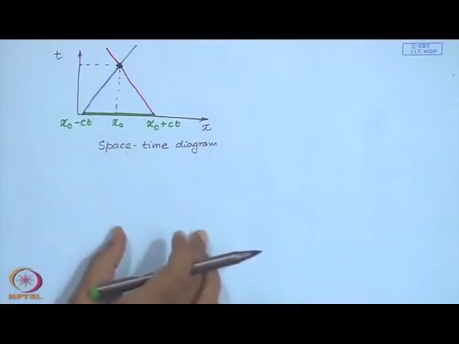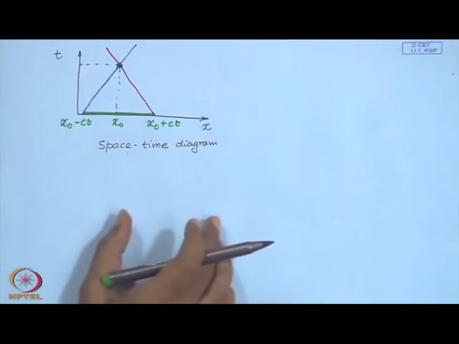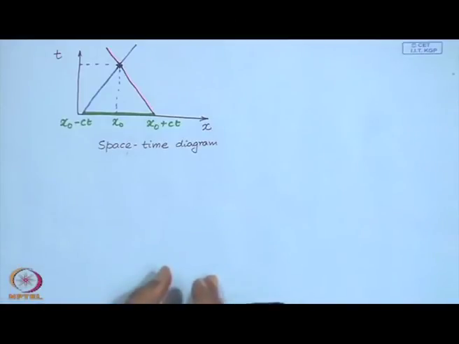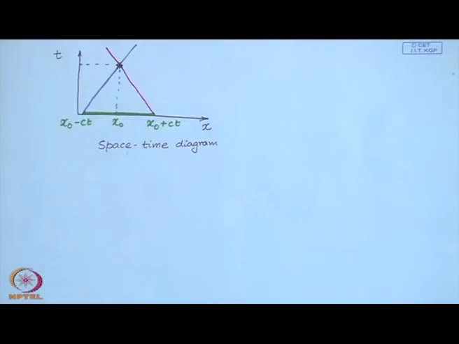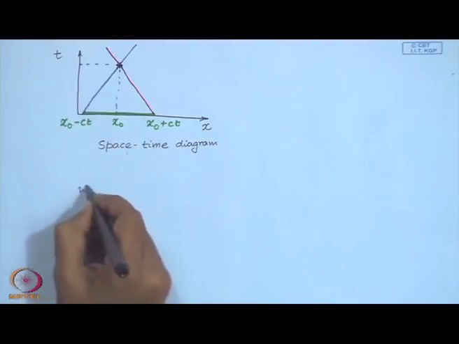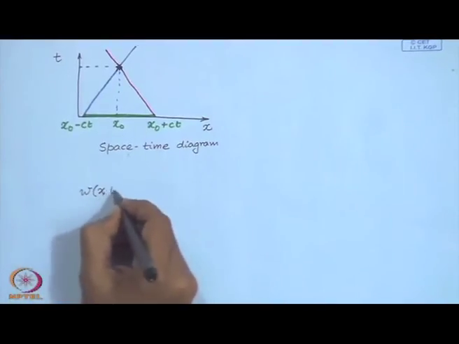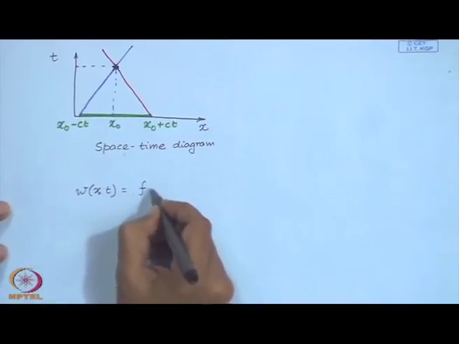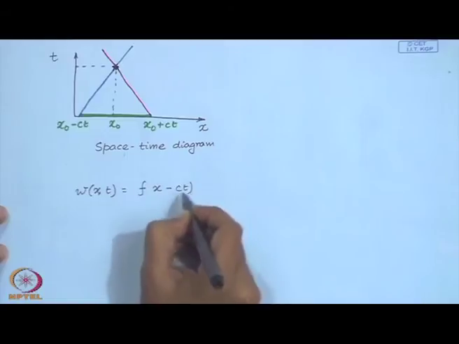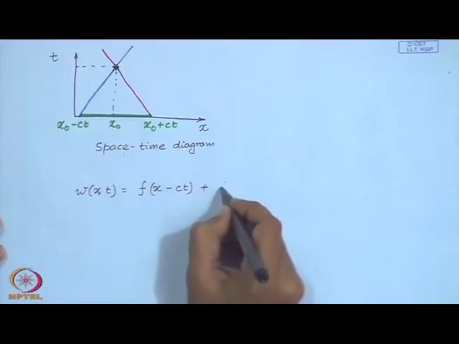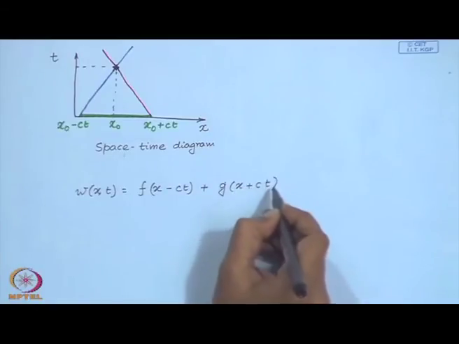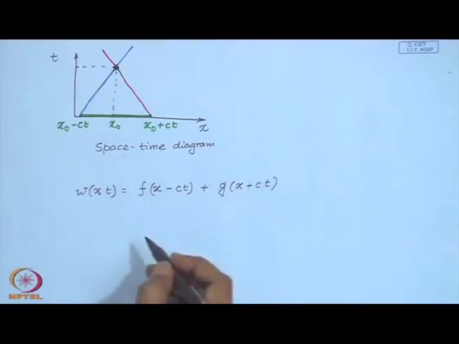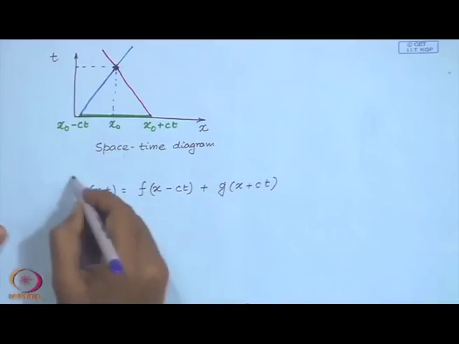So, in this space time diagram, we can visualize various things. Now, this solution that we have written out is known as the D'Alembert solution.